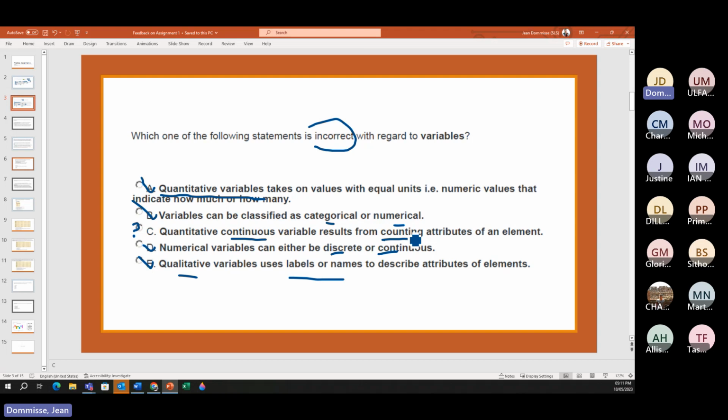Yes, you have a question. Because I also use there where it says attributes of an element. To say attributes, it means it's a quality. So it'll be like red hair or brown hair. Yes, so it will be qualitative, not quantitative. So it describes something about your hair or your eyes or where you stay or what you drive.